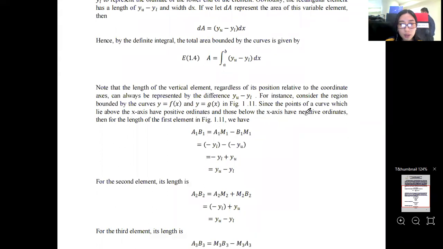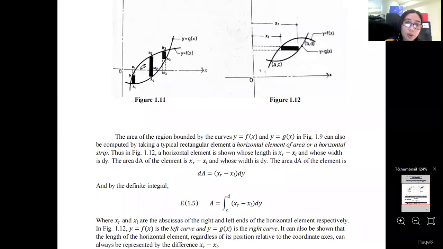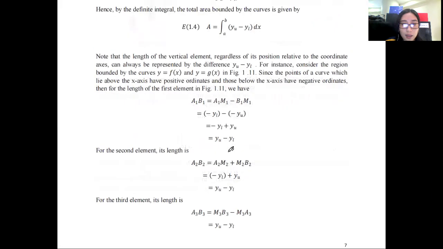Since the points of a curve which lie above the x-axis have positive coordinates, B3 is a positive area. B1 is a negative area since it is below the x-axis, while B2 has both a positive and a negative part. And B3 is a positive area.